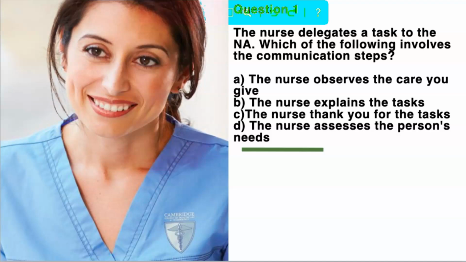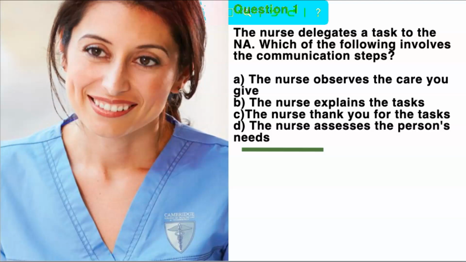So here is our first question: the nurse delegates a task to the NA. The NA is the nursing assistant. Which of the following involves the communication steps? Think about this question.